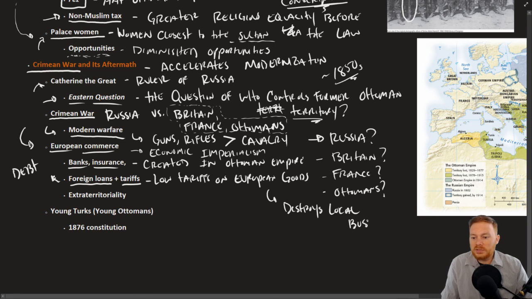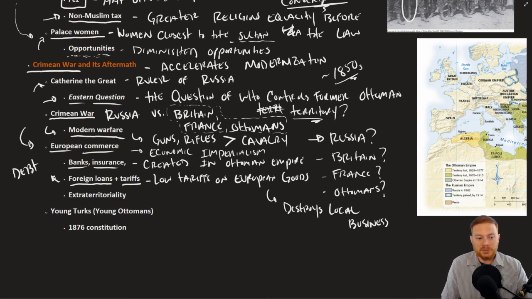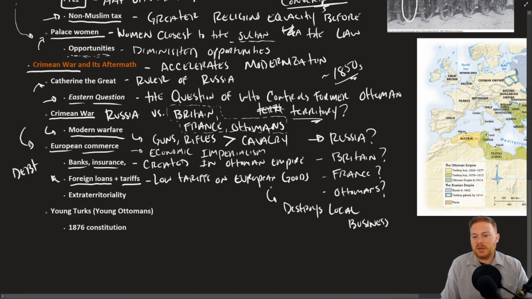So Ottoman businesses are getting crushed, and it doesn't allow for an industrial Ottoman Empire to flourish. There are still some things that economically make money in the Ottoman Empire, things like coffee and tobacco and opium, stuff like that. But for the most part, when it comes to manufactured goods, because of low tariffs, Europeans are getting the benefit of the doubt.